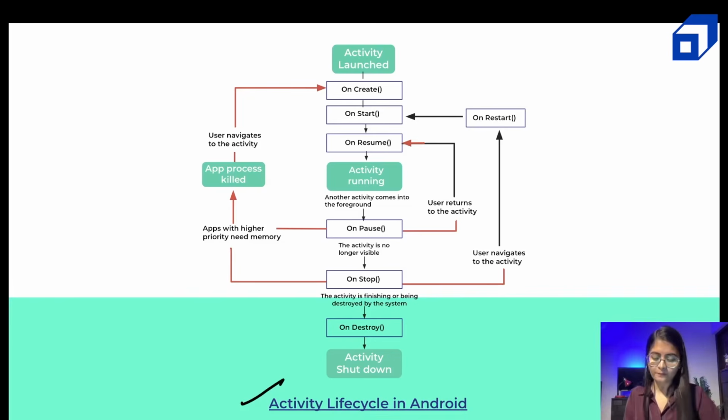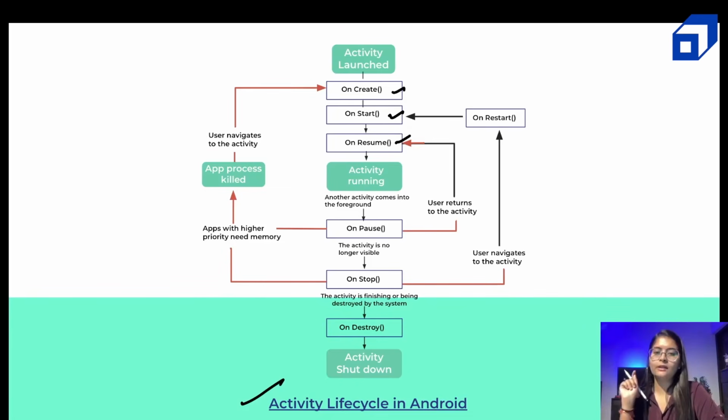It's very important. As soon as the activity is launched, let's say you click on the YouTube app, the very first method called is onCreate, then onStart, and then onResume. First, onCreate is called. It is used to create the screen, the page, because most apps have a splash screen as the first screen.